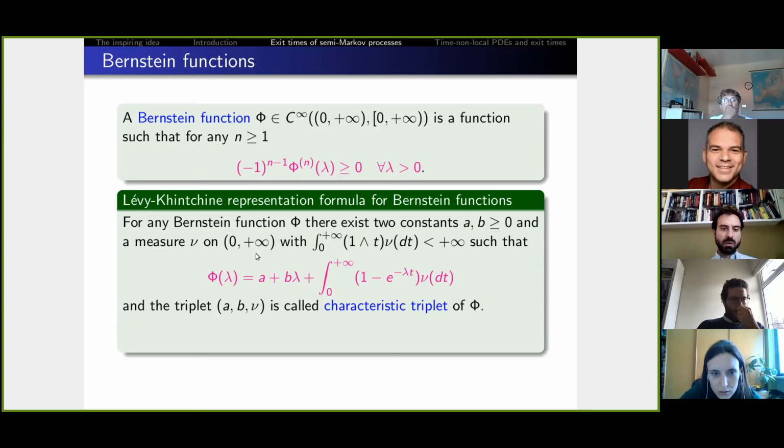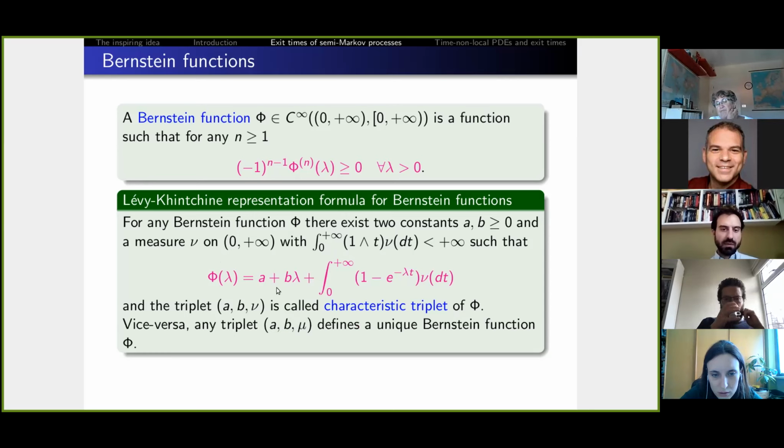So the class of Bernstein functions is in one-to-one correspondence with the class of functions having this representation. And so given A, B, and a measure, you have one Bernstein function, and any Bernstein function is associated to one process sigma, which is the one we are interested in.